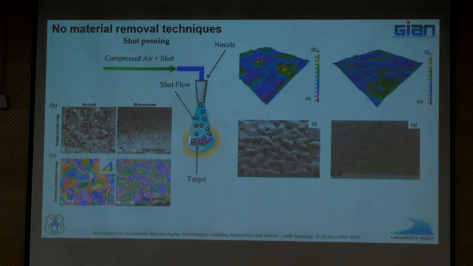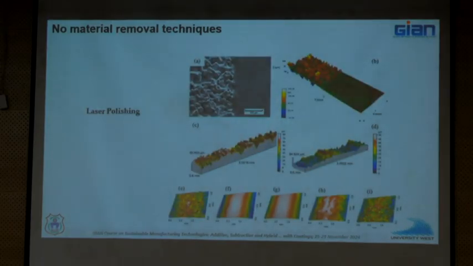You can do shot peening and get substantial improvement in the surface attributes. You also can get significant grain refinement at the surface by shot peening, right. So, all of these are very widely practiced in the industry, at least the shot peening part.